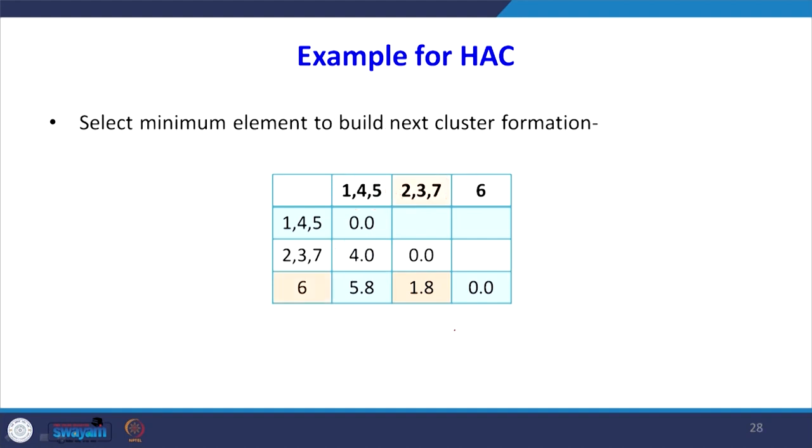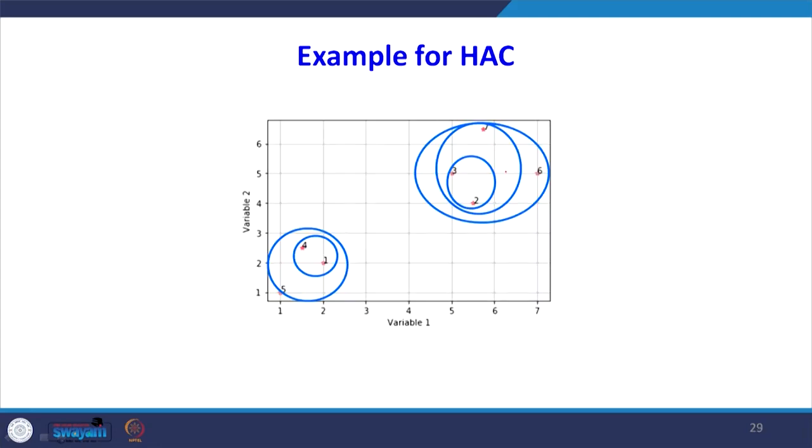Now, in the next stage, select the minimum element to build the next cluster formation. So, out of this the minimum value is 1.8. This gives the minimum distance between 6 and the cluster 2, 3, 7. So, what is going to happen now? 6 is going to join with this cluster where 2, 3, 7 is there.